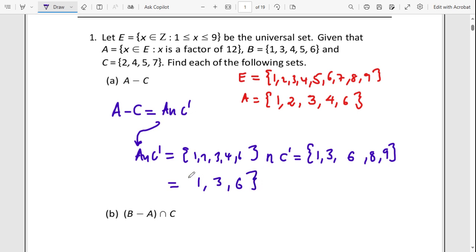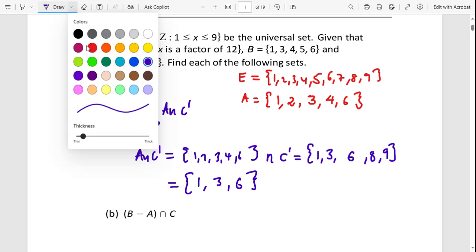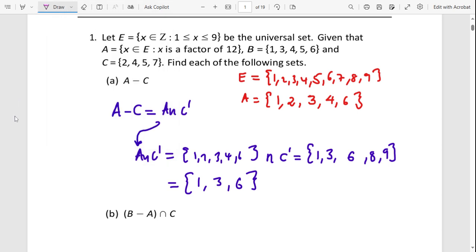So this is the set A intersection C complement. Does this make sense? Is this okay? Anyone that's left behind? Okay, very good. Thank you very much for those reactions that I'm seeing.